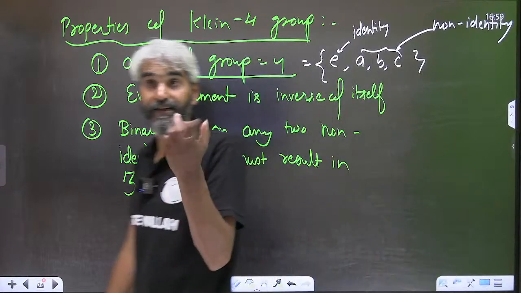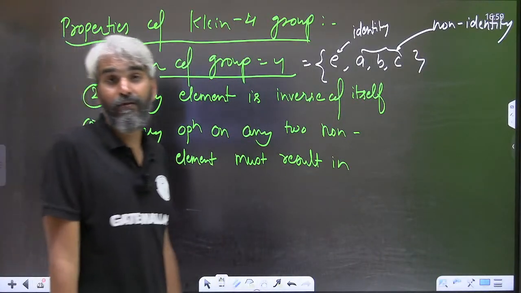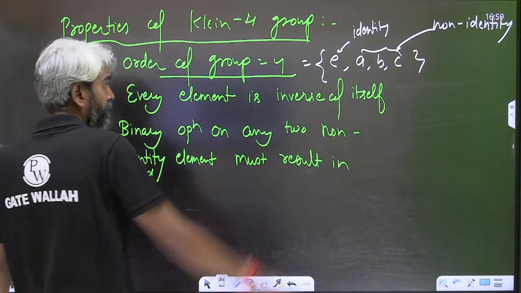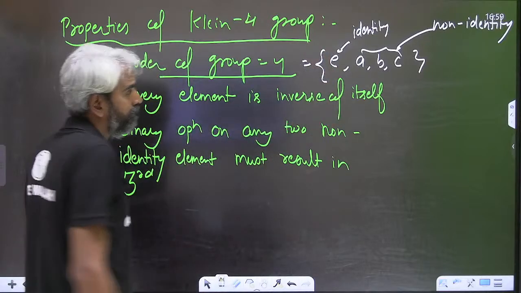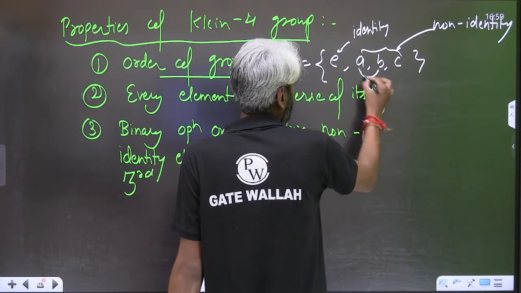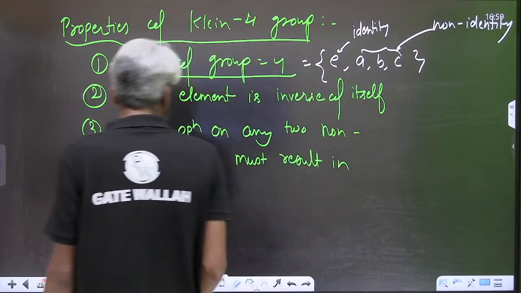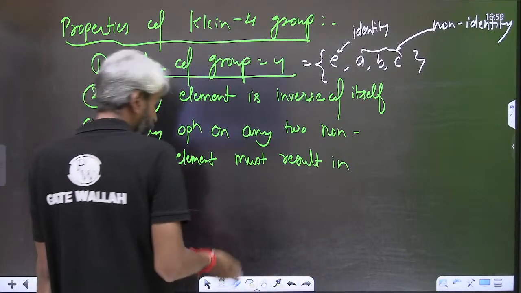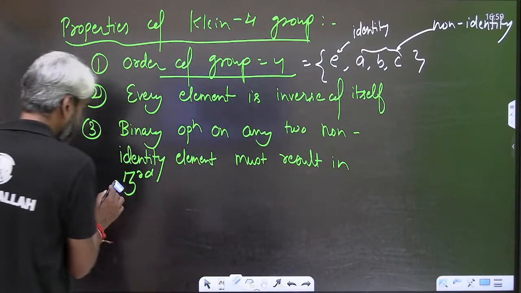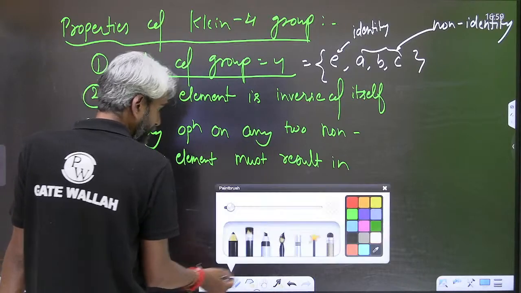One of them will be the identity element, and the remaining 3 will be non-identity elements. So except the identity element, if you perform the binary operation on any two non-identity elements, the result should be the third non-identity element.